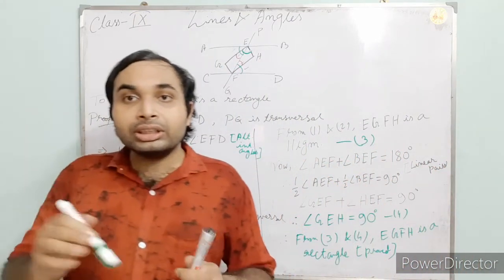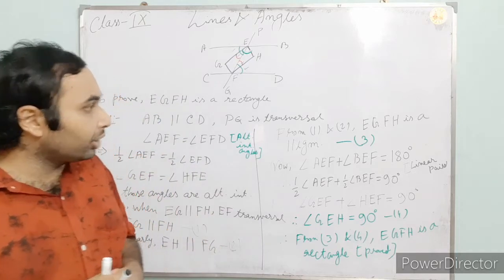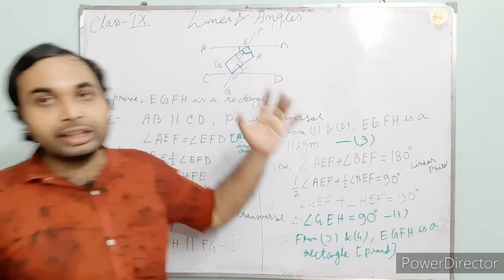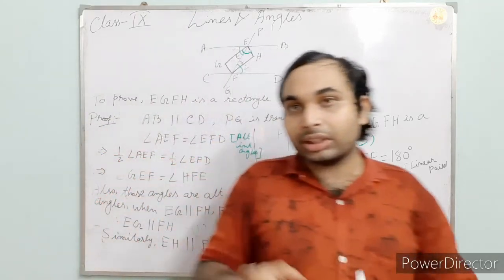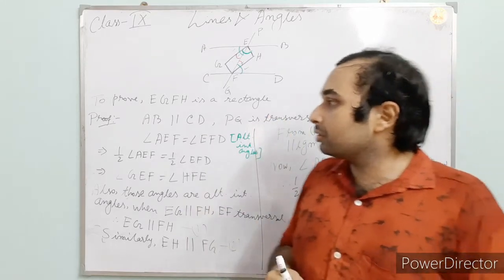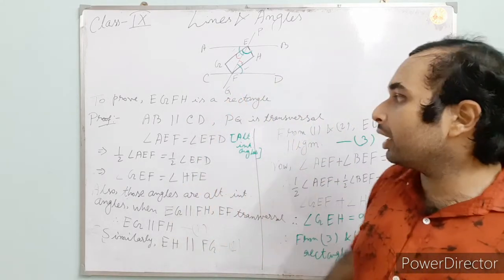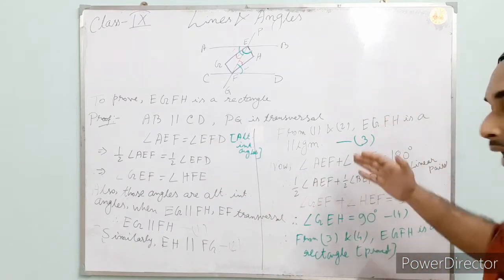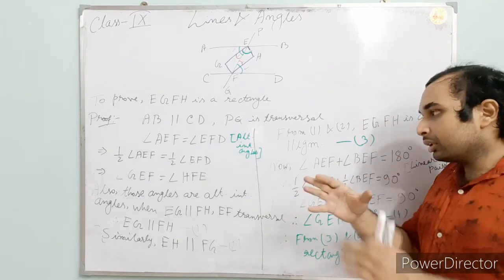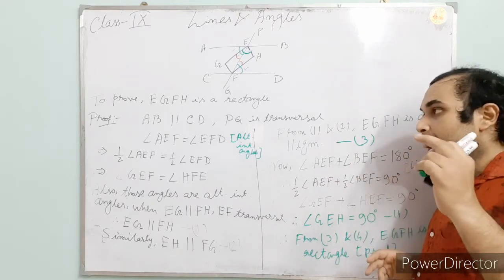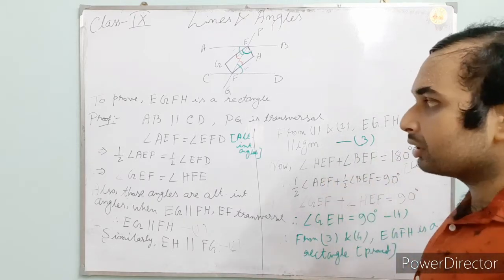Okay, so this is the way to prove a theorem. You have to write the statement, then the diagram. If the construction is needed, the other information you want to put there, and then the total proof. Okay, write this proof in your copy, practice again and again. Most important theorem or most important result from this chapter.